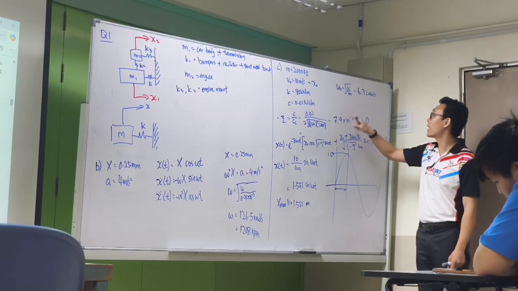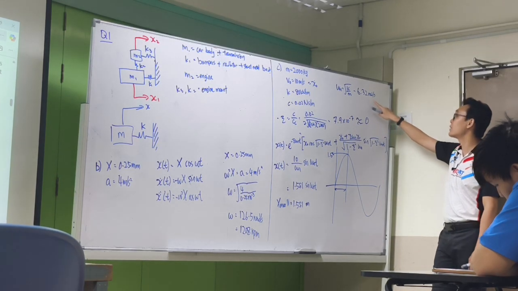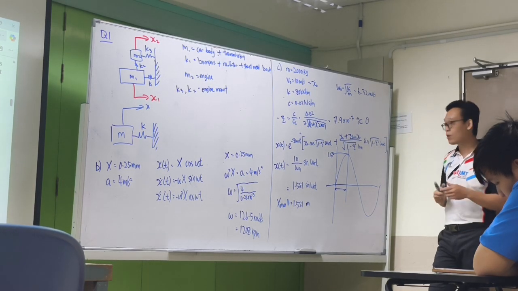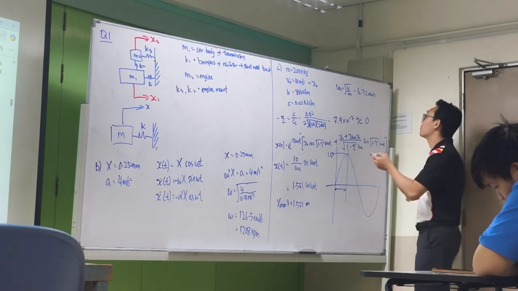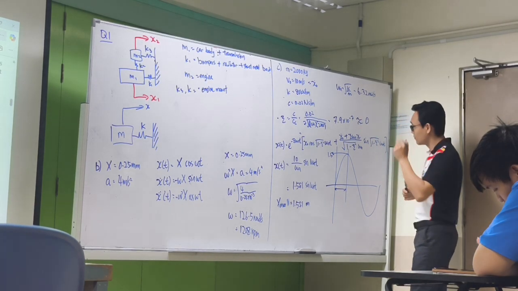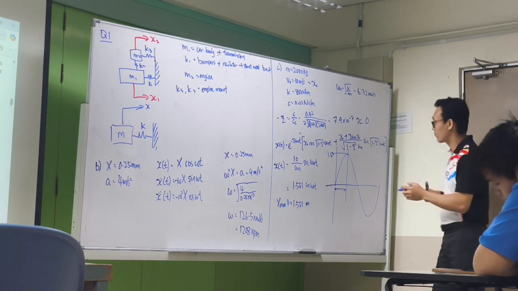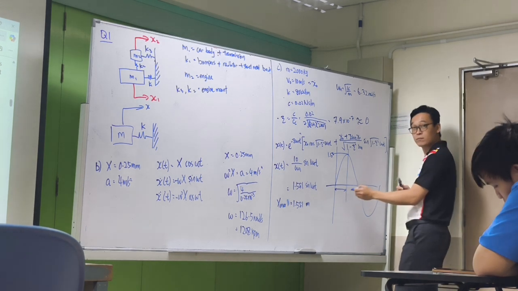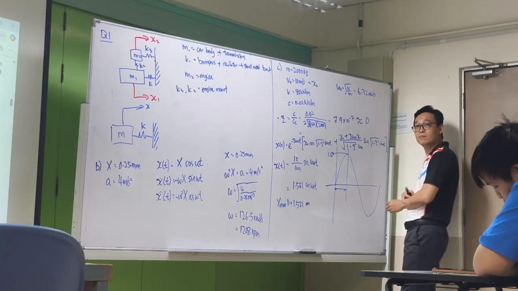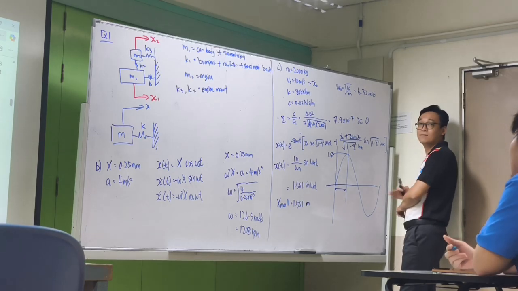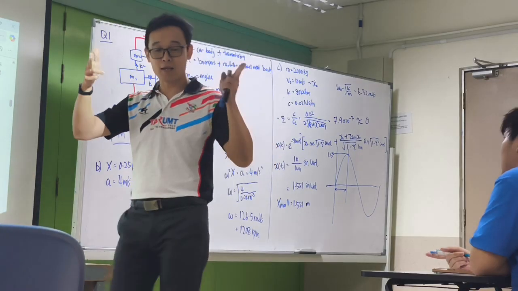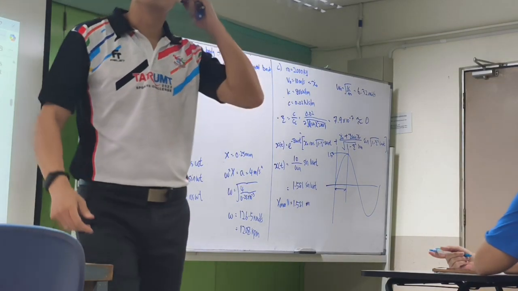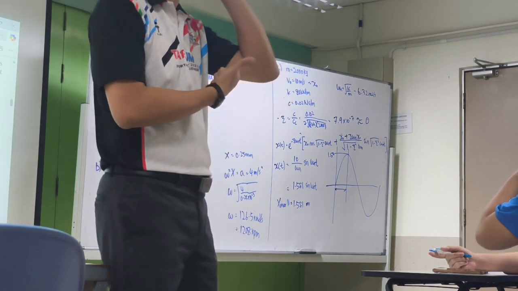So this one is omega n, 6.3 radian per second. If I want to change to revolution, what do you get? Sorry, I want to get the time. How many radian is here? One entire cycle is 2 pi radian, so this one is a quarter cycle, half pi radian.